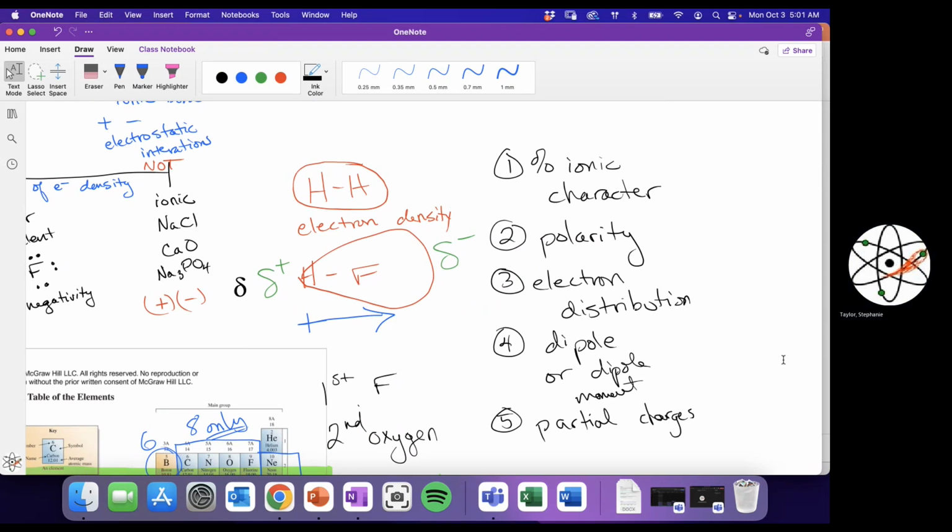And the question is, do we actually need to know all 5 of those? So here is the truth. Your exam is written by 5 different people. Whoever writes the question about polarity or about percent ionic character gets to pick the phrases that they use. And as long as everybody's used those phrases, they're fair game.